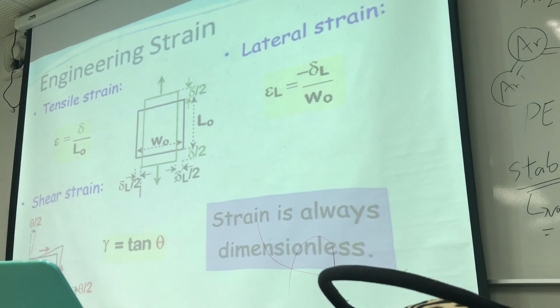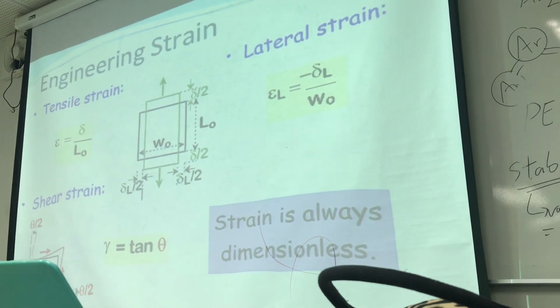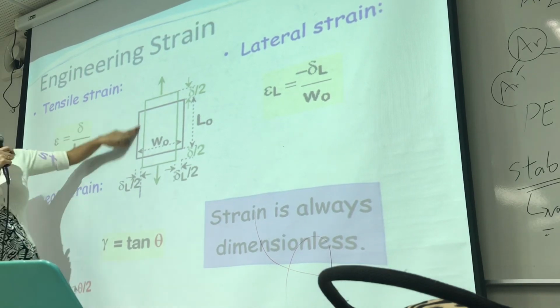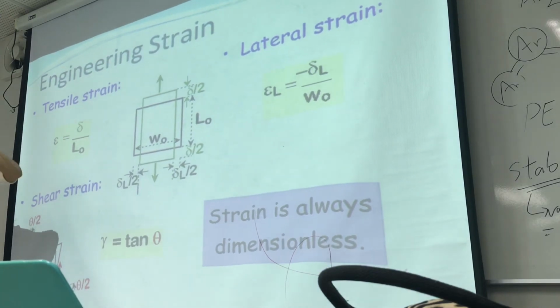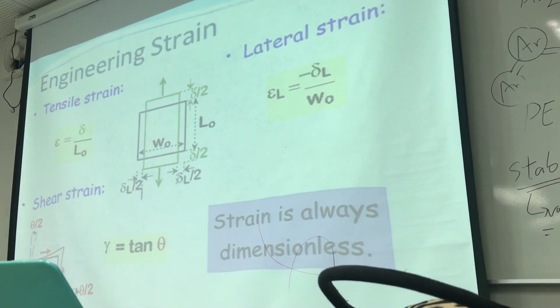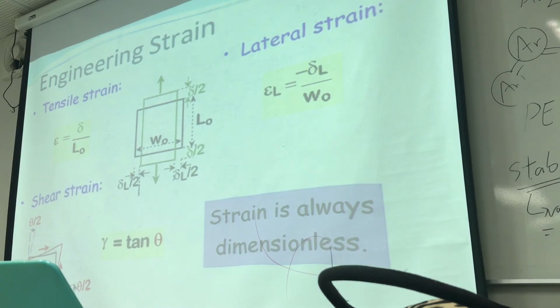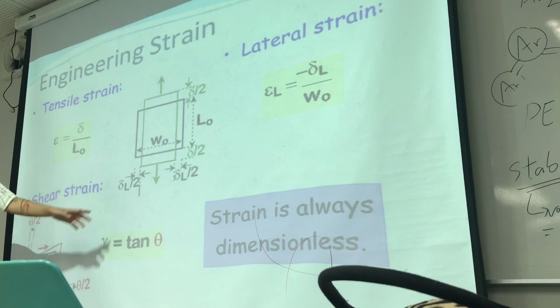Originally we have this black box, right? And then we pull it. If we use tensile mode, that means we pull it. What's going to happen? Does this box change shape or not? Yes.